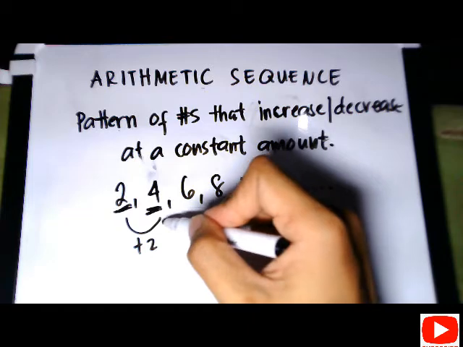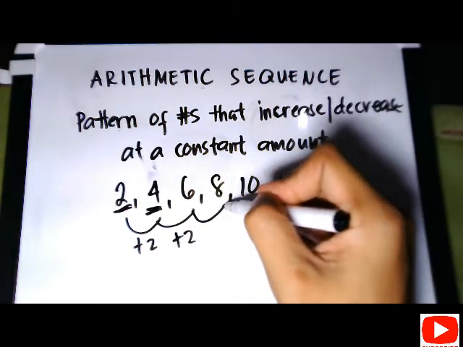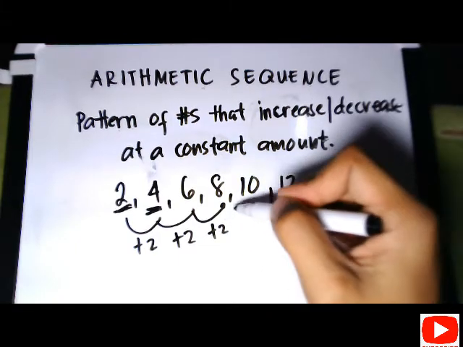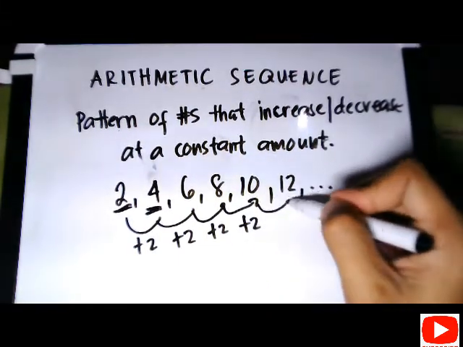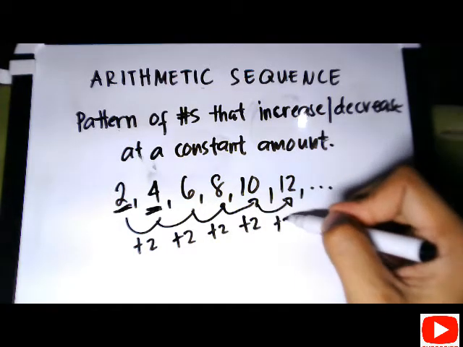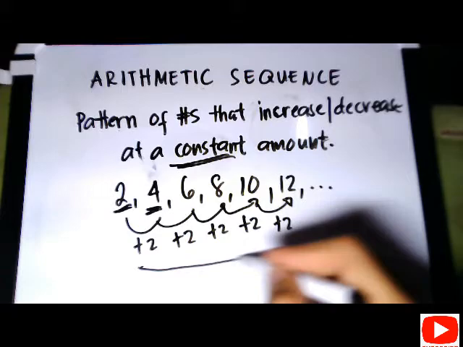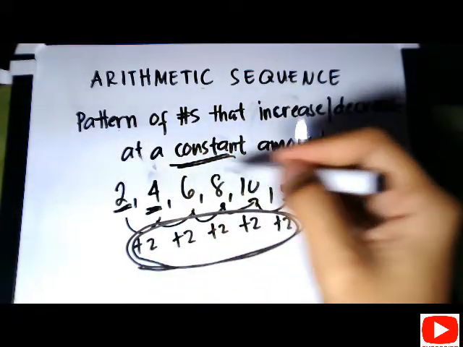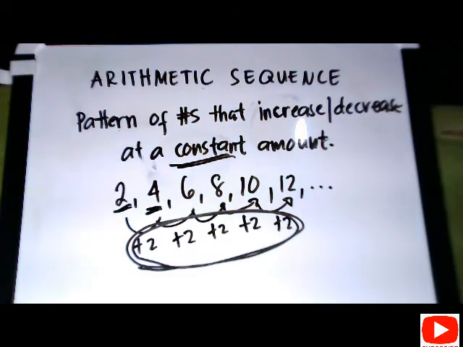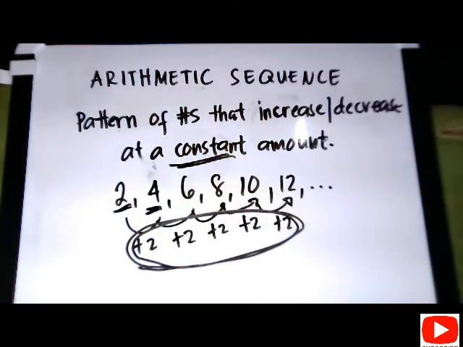When you go to 6, you add 2. From 6 to 8, you add 2. From 8 to 10, you add 2. From 10 to 12, you add 2. So there is a constant amount that you've added to all the terms of the sequence, and that is why this is an arithmetic sequence.